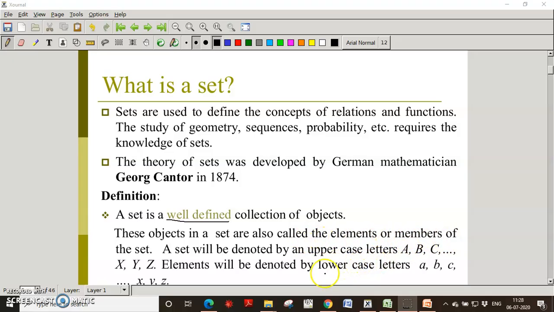The objects in the set are also called the elements or members of the set. A set is denoted by an uppercase letter, meaning capital A, B, C, X, Y, Z, etc., and the elements are denoted by lowercase letters a, b, c. A set is also written in curly brackets.